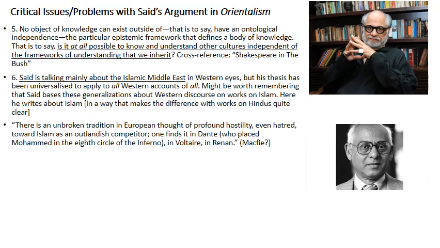The point is that Said's arguments are mainly based on reading British and French accounts of the Islamic Middle East. Now, it so happens that because of the history between Islam and Christianity, because of the way in which Islam broke away from the other Abrahamic faiths, because of things like the Crusades, the bloody history between Islam and Christendom, as it was then called, Islam has been vilified.